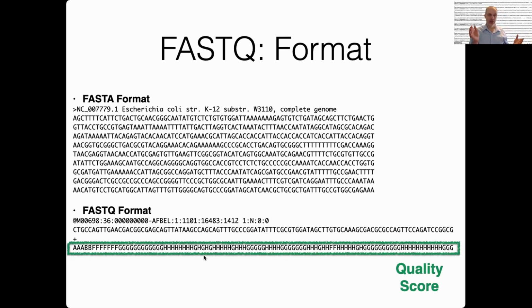For Illumina sequencers, the best quality you can get is an expected error of 1 in 10,000, and it gets worse than that, right? You can get lower, but on an Illumina sequencer, you can't get any higher.